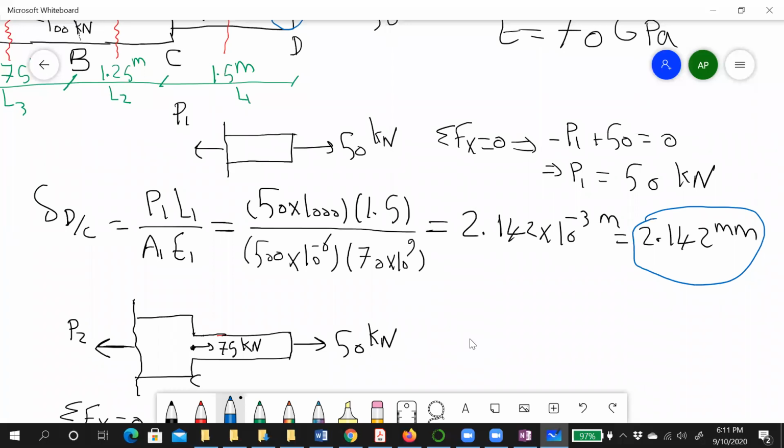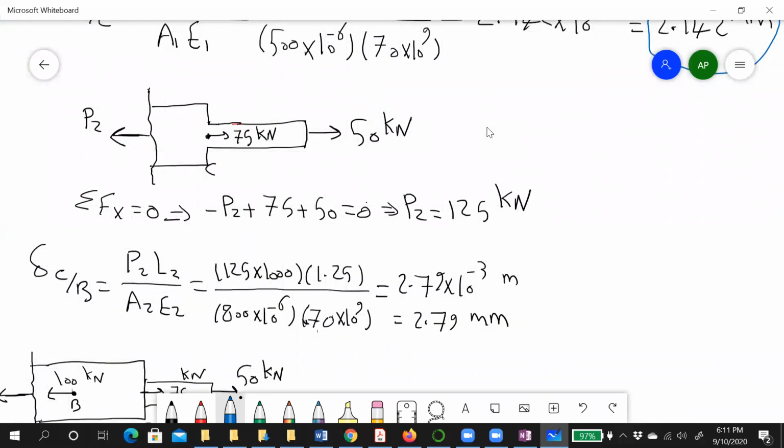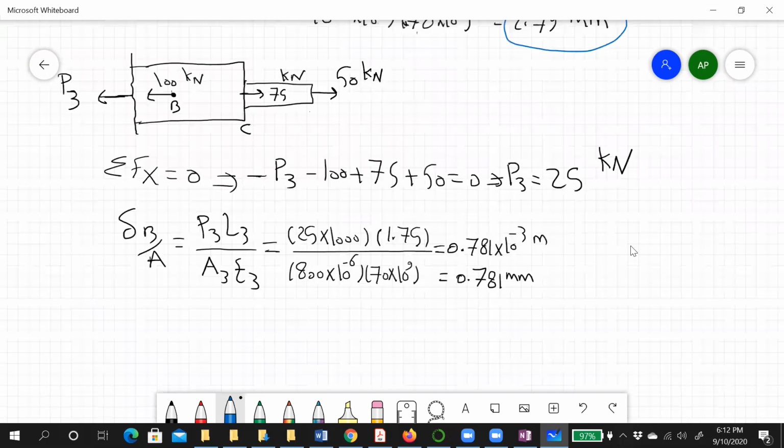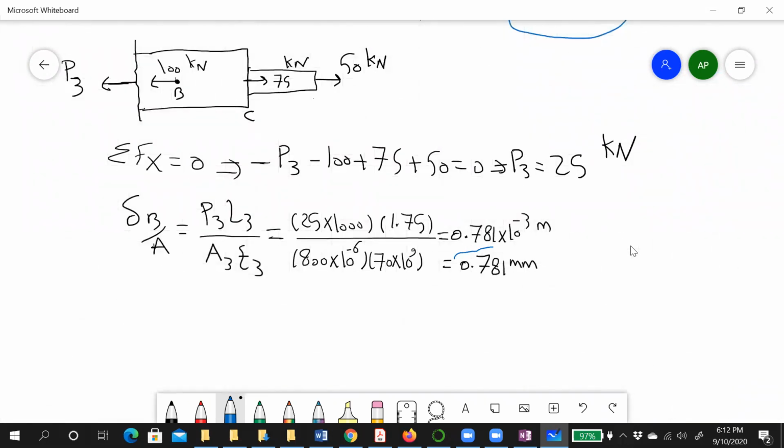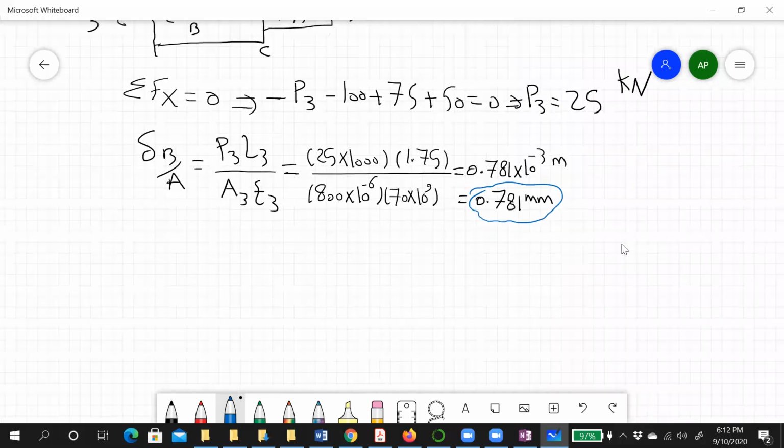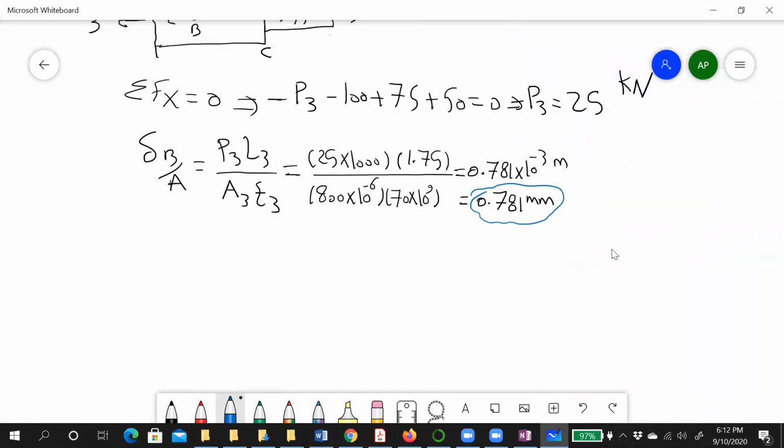We should add these values, the second segment and the third segments, right? So delta total would be delta BA plus delta CB plus delta DC.